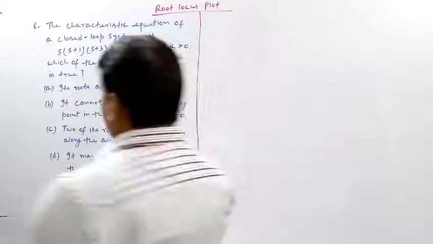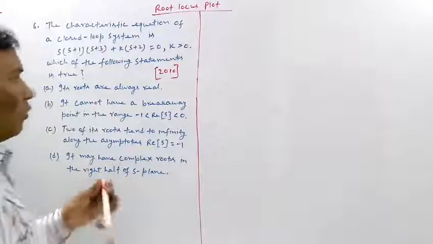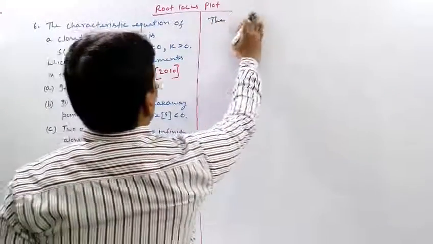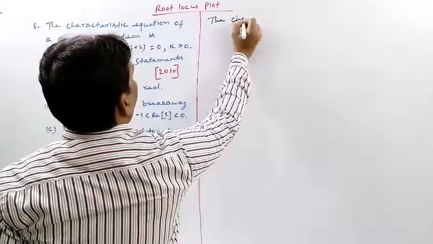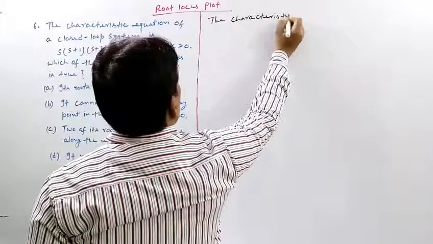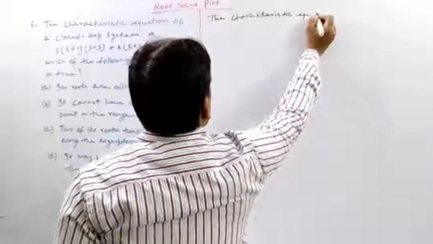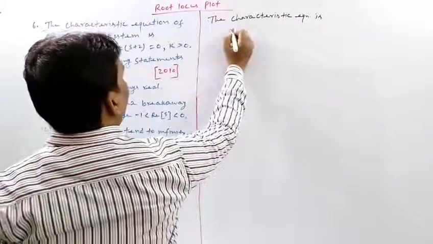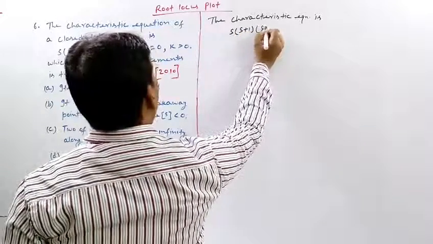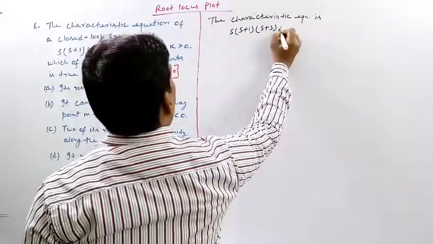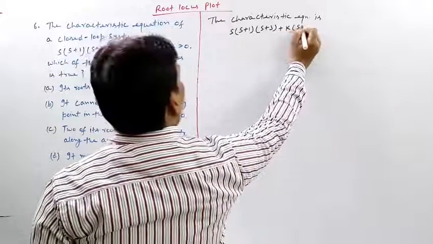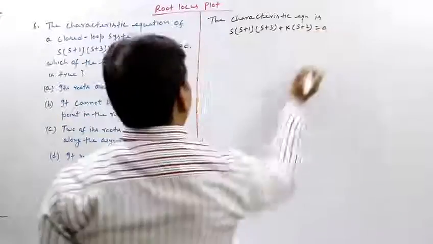So here the characteristic equation is given. The characteristic equation is S multiplied by S plus 1 into S plus 3, plus K multiplied by S plus 2, equal to 0.